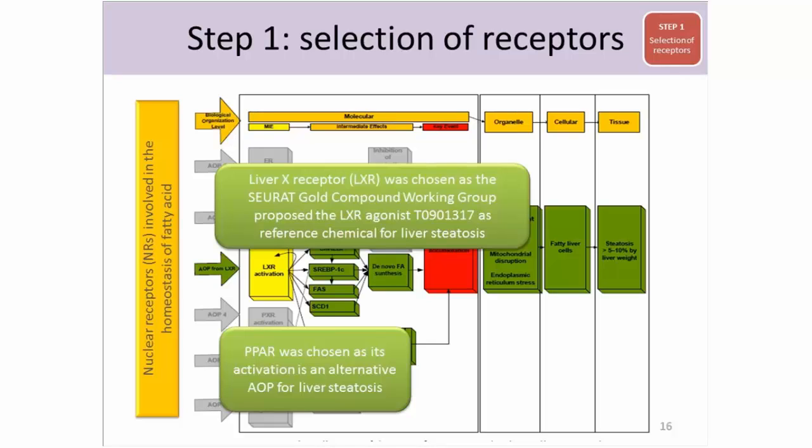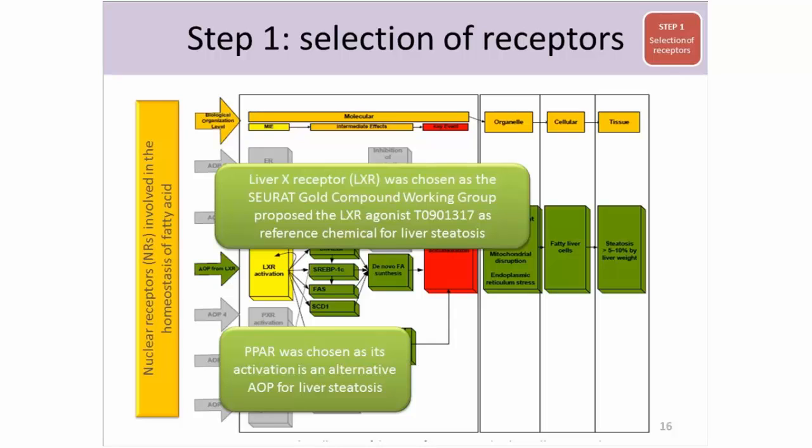And also, one of the gold compounds that were selected years ago within SERA. Gold compound means that these structures have been used within the different projects. So we could collect information about the same structures using different methods, and also what the other projects were doing. So we select this receptor.